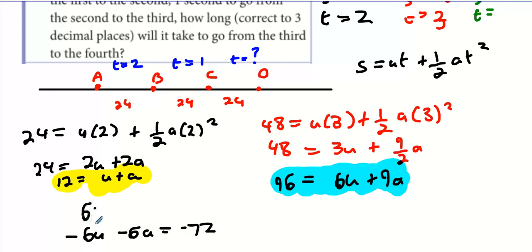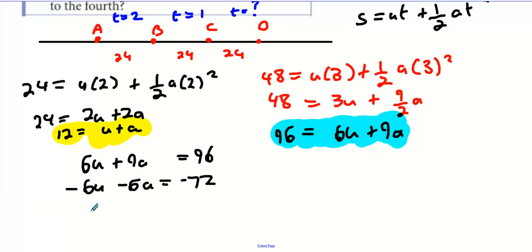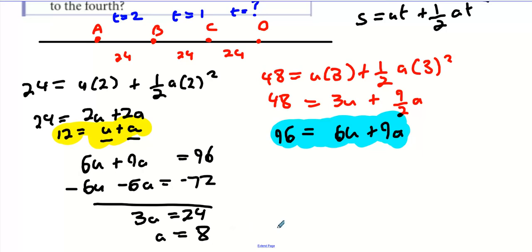Blue one stays the same. And then we should get 3A equals 24 and A equals 8. If A equals 8, what does U equal? U equals 4. Everybody cool with that?